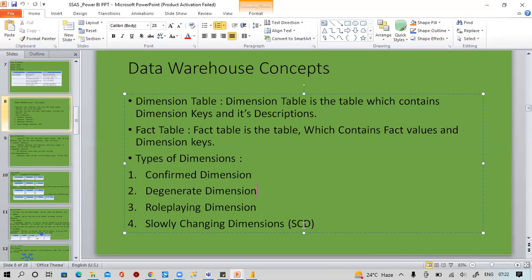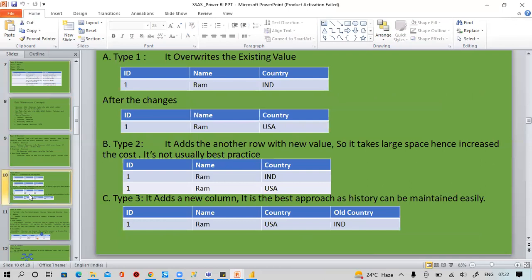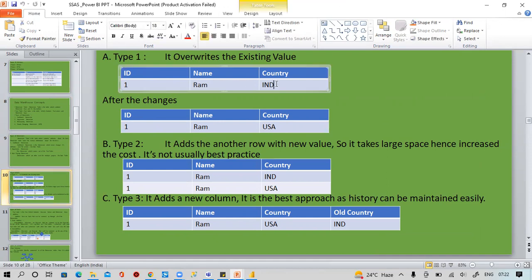Type 2 is another type of slowly changing dimension. When you do type 2, it adds another record. See, something like this. This is type 1. Initially, Ram resides in India. Then he moved to the USA.